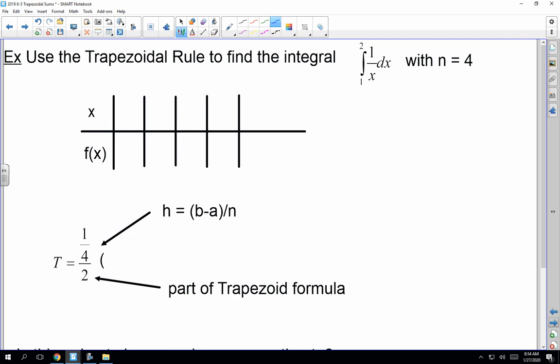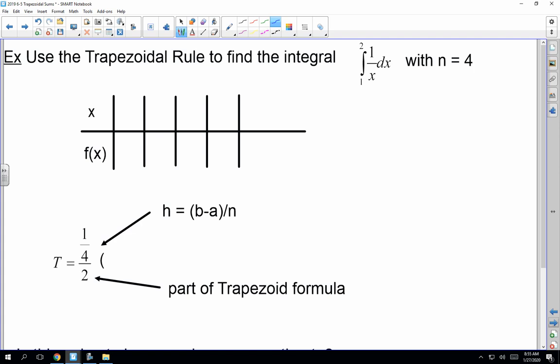It says use the trapezoidal rule to find the integral from 1 to 2 of 1 over x dx with n equal to 4. Here's the setup on this.